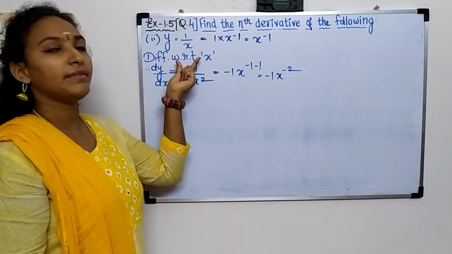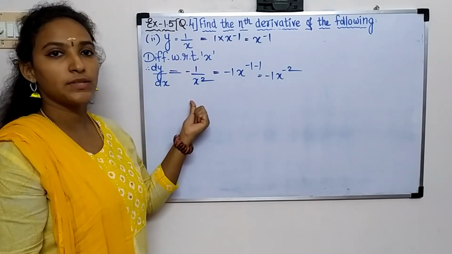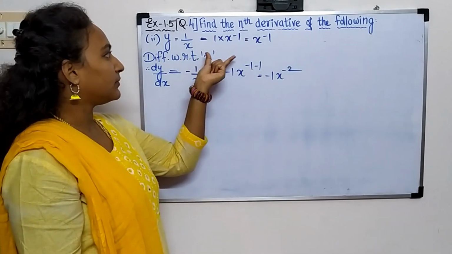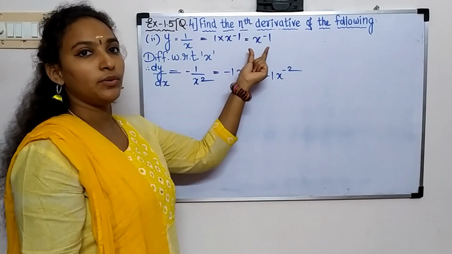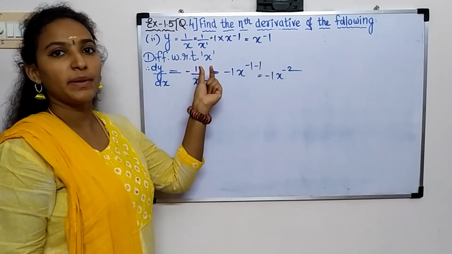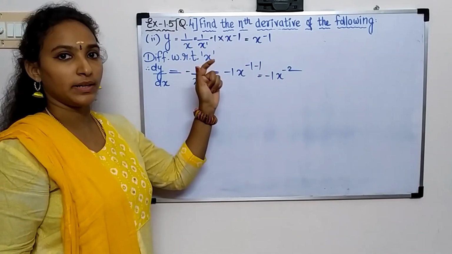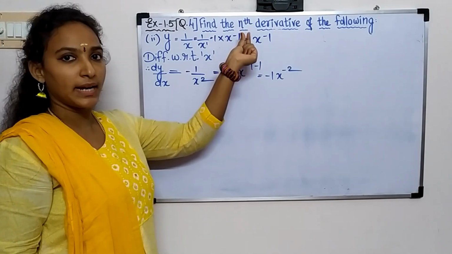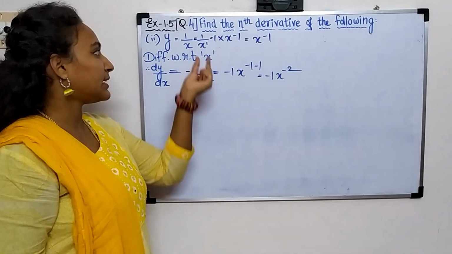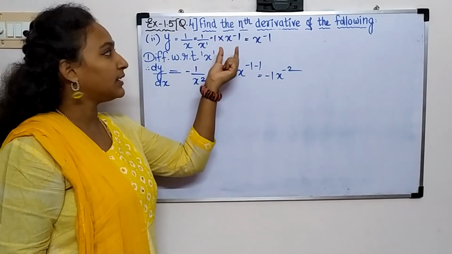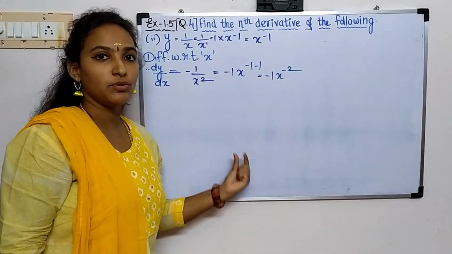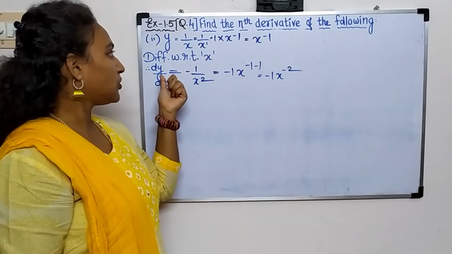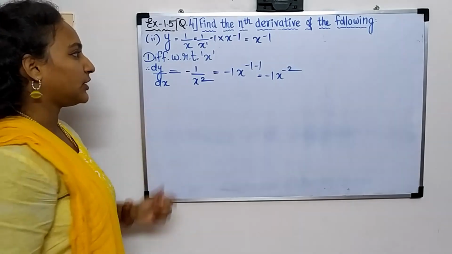You can find the derivative of 1 by x directly, that is minus 1 upon x square, or else you can go with x power n, that is convert y into x raised to minus 1. So in the denominator it is 1 upon x raised to 1. When it goes to the numerator it becomes x raised to minus 1. For your better understanding, I have kept the 1 as it is, and this 1 is going to be useful while solving the other derivatives. So hope you understood the derivative here.